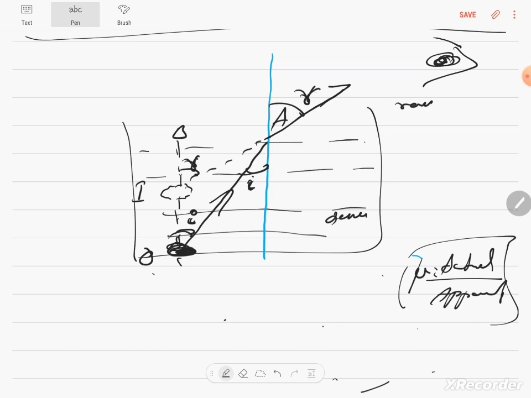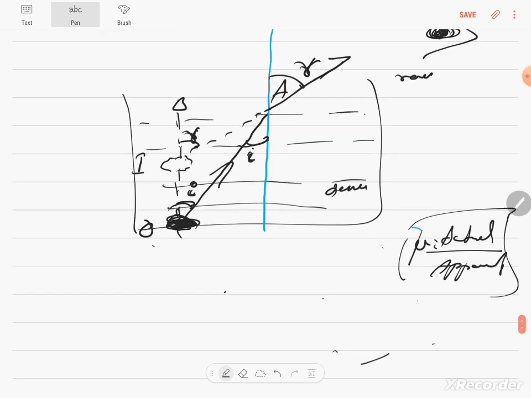This is very important. The light ray here is entering from denser to rarer or rarer to denser? Yes, denser to rarer, because the object is at the bottom of the tank. To reach the person's eye, the ray from the object comes to the eye, so it's entering from denser to rarer. So you have to write 1 by mu is equal to sin I by sin r.